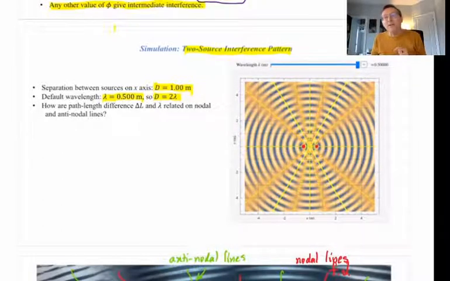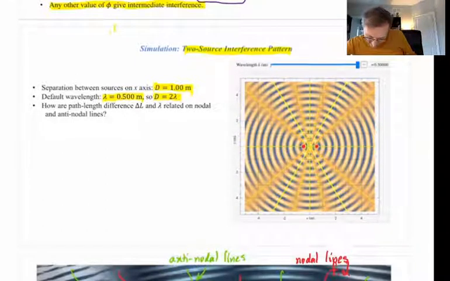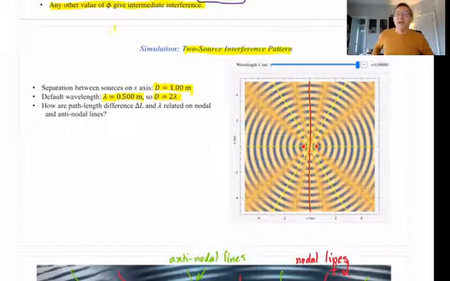And nodal lines are fully destructive interference along any region that's blurry. So for example, here is an antinodal line, bisecting, if you like, the line between the sources. I'll mark that one.